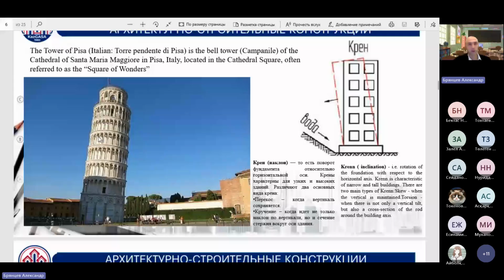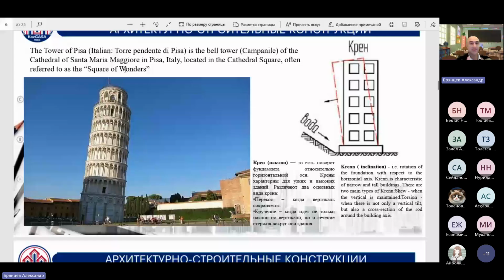The most famous example, given on this slide, is the Tower of Pisa, located in Italy. It started inclining during construction due to weak foundation soils.